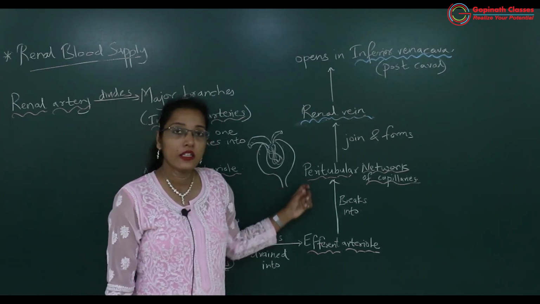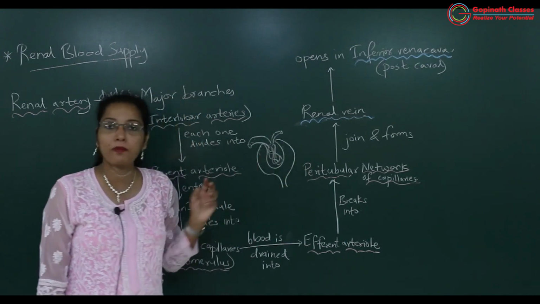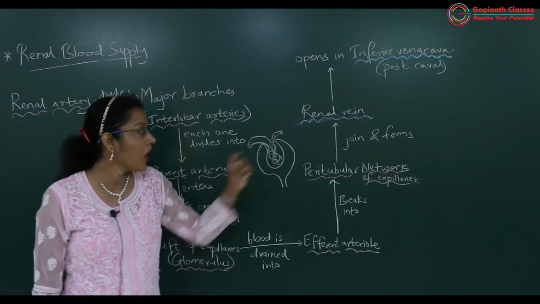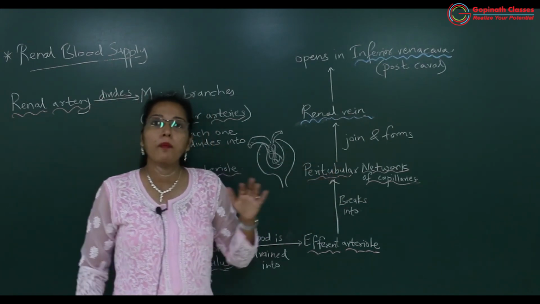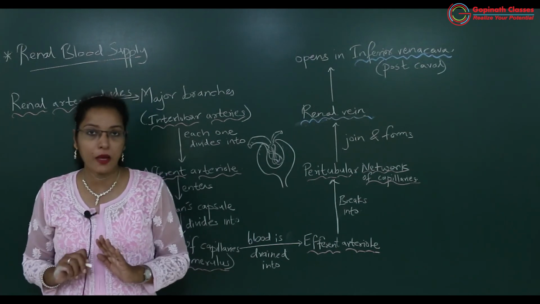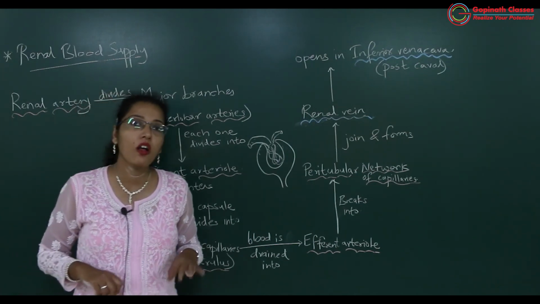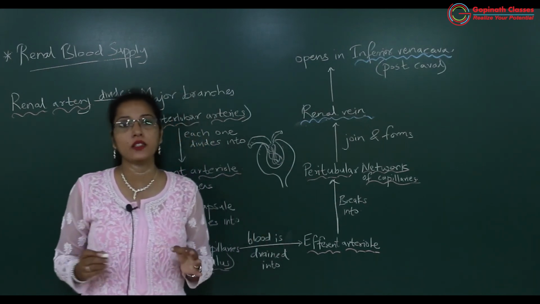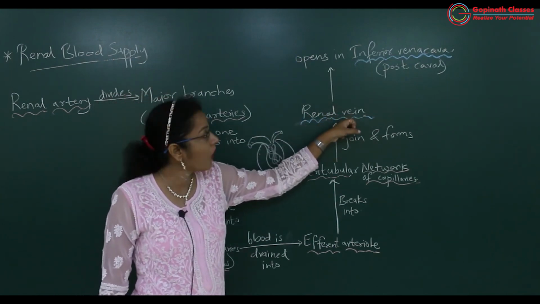Got it. Then the efferent arteriole coming out from the Bowman's capsule of each and every nephron divides and redivides further into many peritubular blood capillaries, and these surround the nephron, and many such peritubular blood capillaries rejoin to form the renal vein.